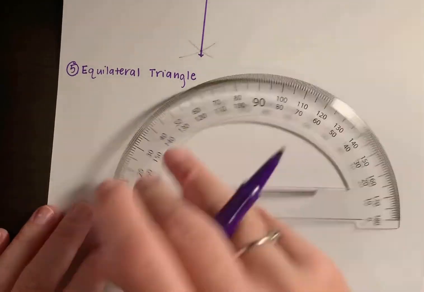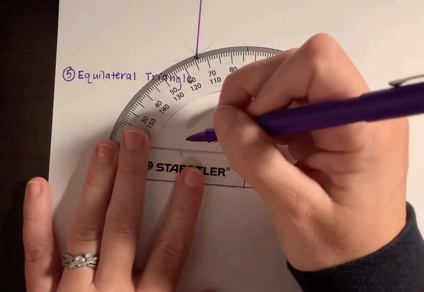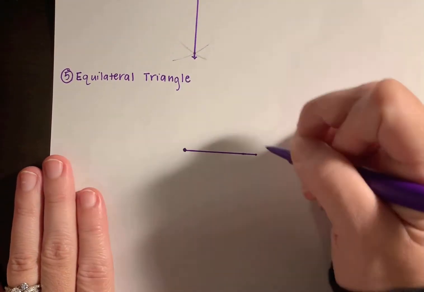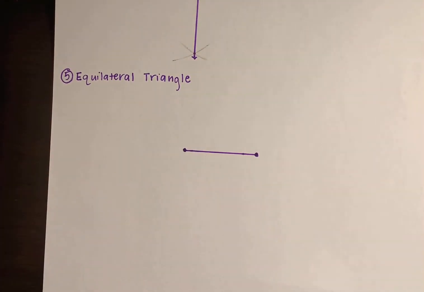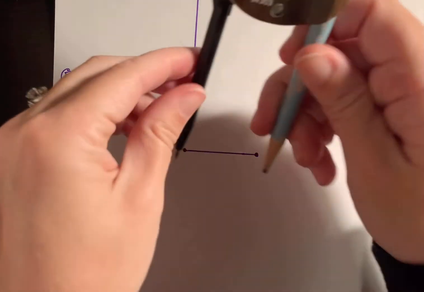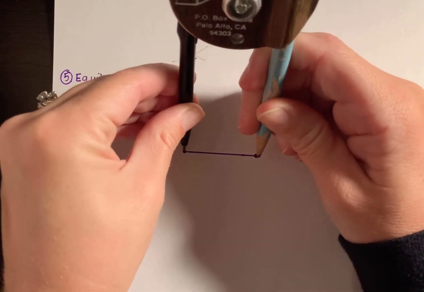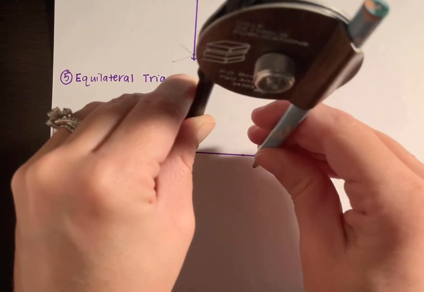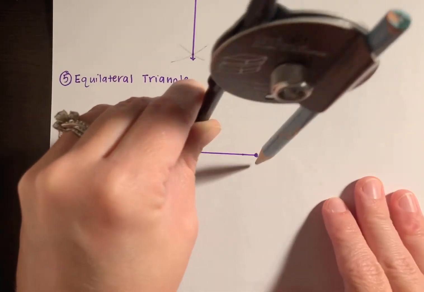I'll sketch a generic base to my triangle. I'll use my compass to measure. Let's see, too big. There we go.